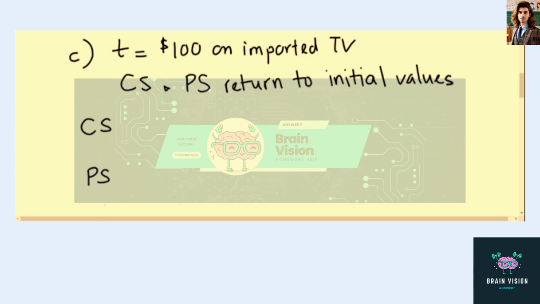That is, consumer surplus would fall by areas C plus D plus E plus F, and that is a decline of 110 million. Producer surplus would rise by 30 million.